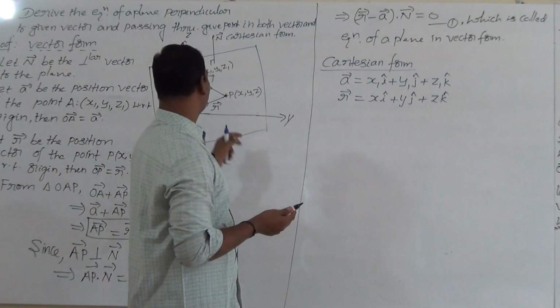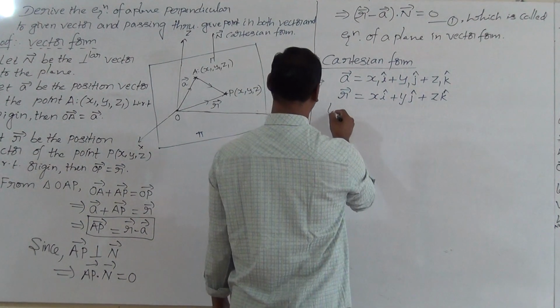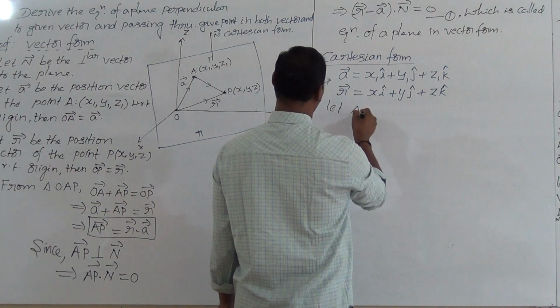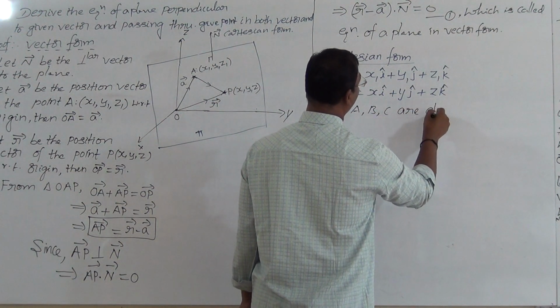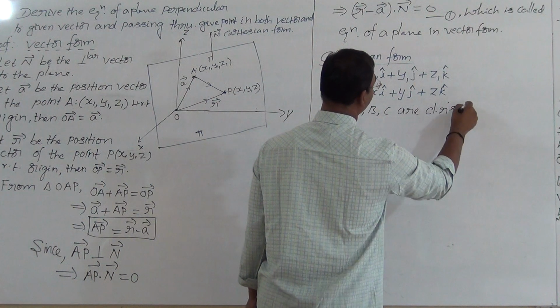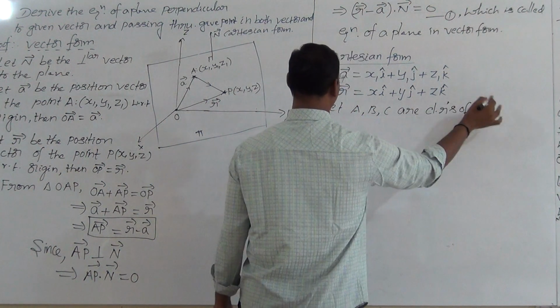Now n vector has direction ratios. Let a, b, c be the direction ratios of n vector. We consider these values.